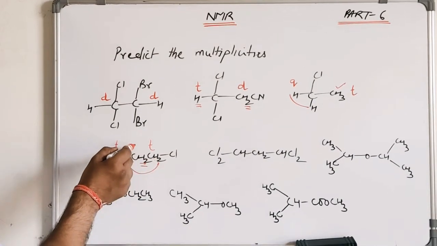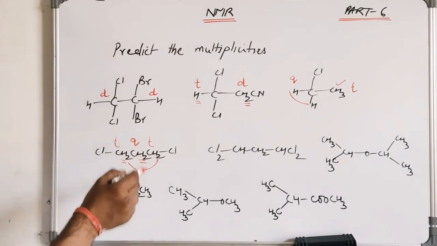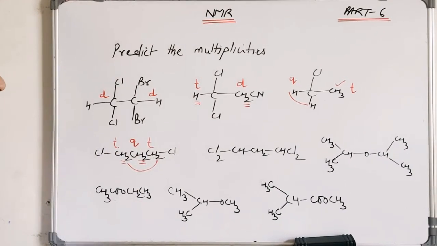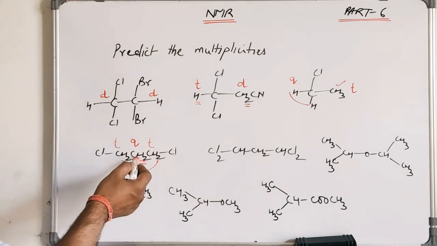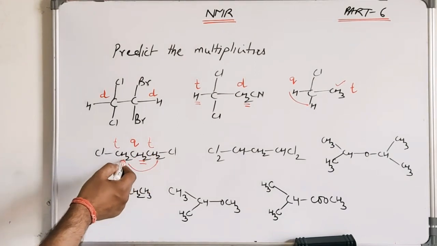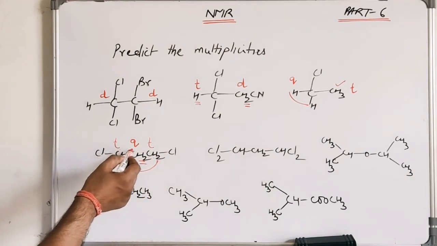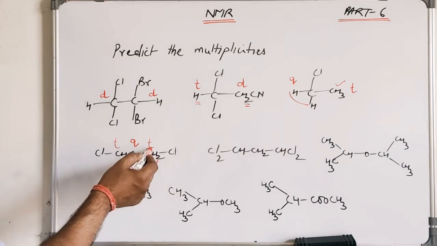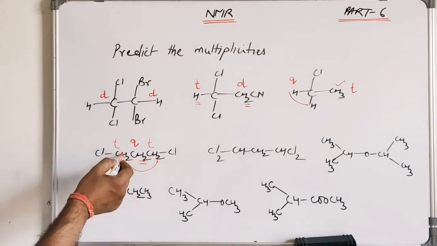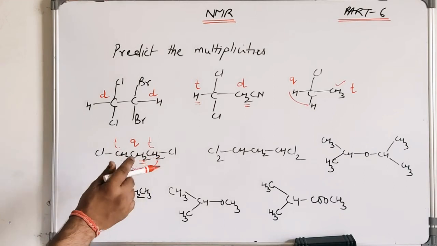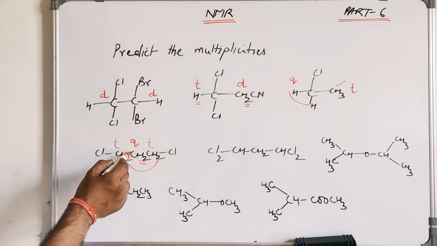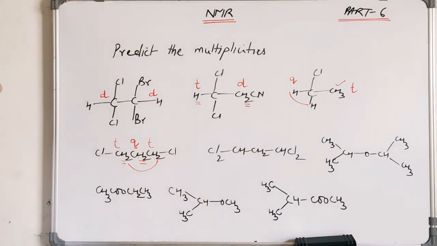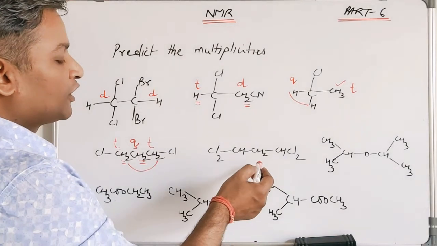So in this case you will have a quintet or pentet for the CH2 in this compound. For these two CH2 we will have a triplet appearing at the same position. The CH2 and this CH2 triplet will be at the same position, and this CH2 has 4 neighbors, so we will have a quintet.